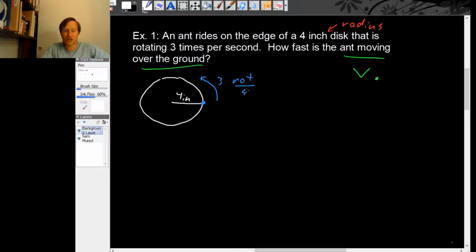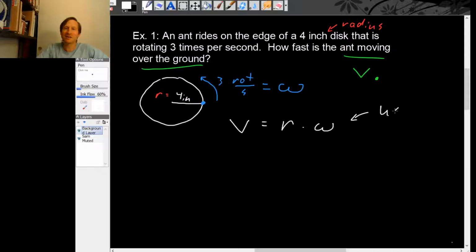This 3 rotations per second, that's telling you how fast something is turning, so that's an angular speed, so omega. And of course 4 inches, that's the radius. So you can see we have all of the ingredients to use that equation that we came up with a minute ago. Remember, it was linear speed v is radius times angular speed. But wait, this equation has a caveat.